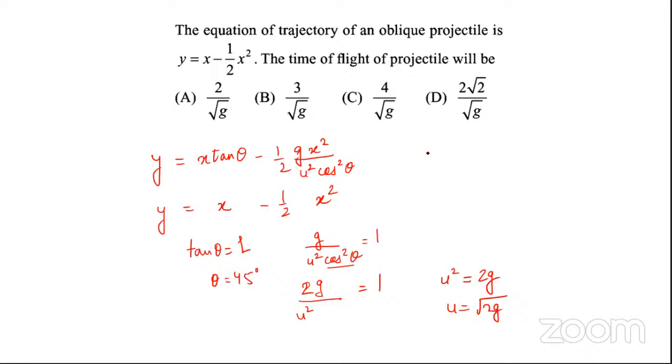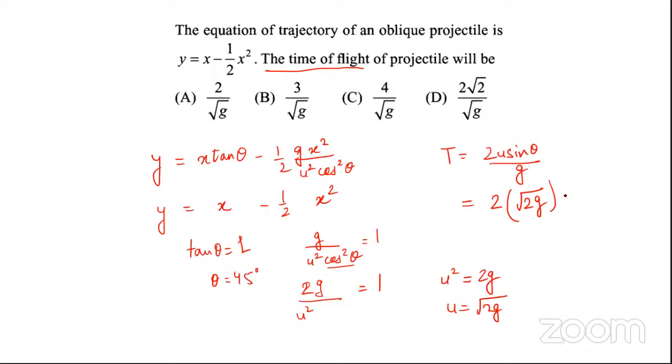Alright, now what do we have to find? We want to find the time of flight. T is given as 2u sine theta by g. Now we substitute all these values and we get 2 u is root 2g.